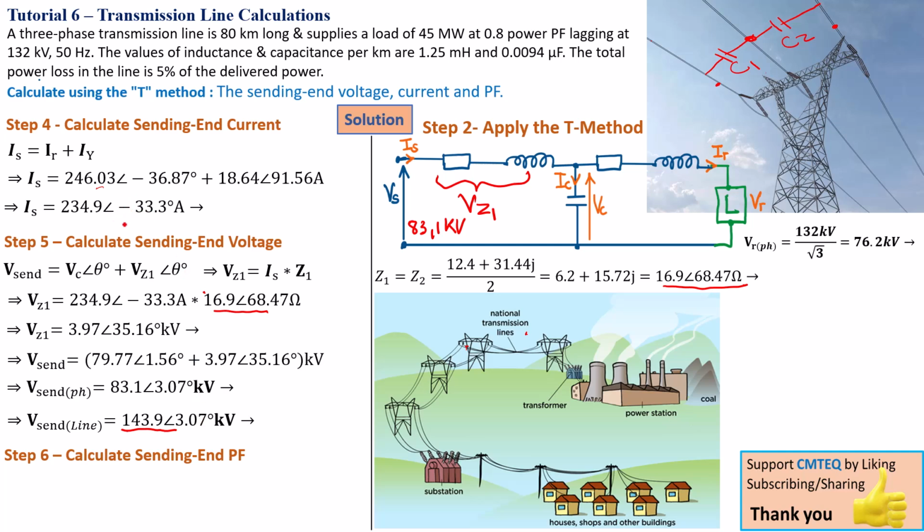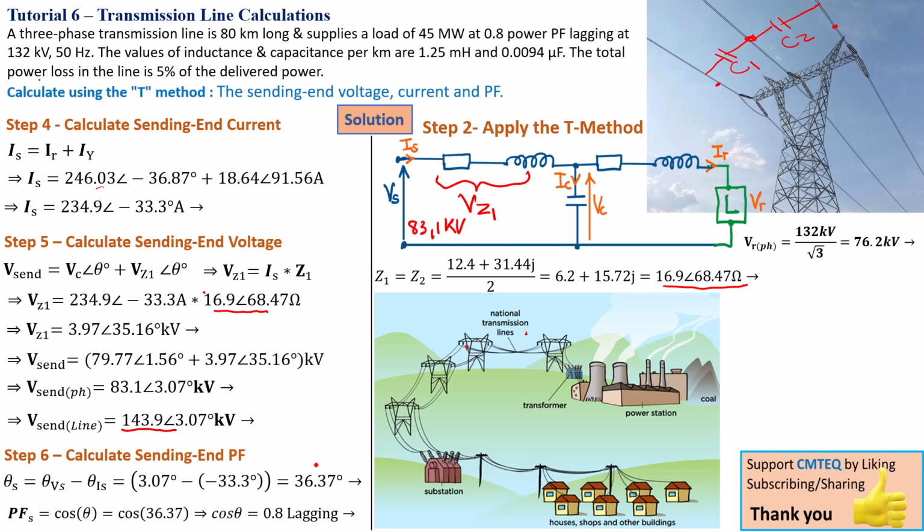That means theta V send minus theta I send, so that is 3.07 degrees minus negative 33.3 degrees, which gives you about 36.37 degrees. When you get this angle, you can take the cos of 36.37, and that gives you 0.8 power factor lagging.